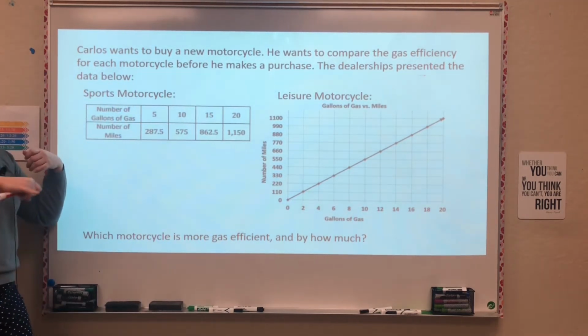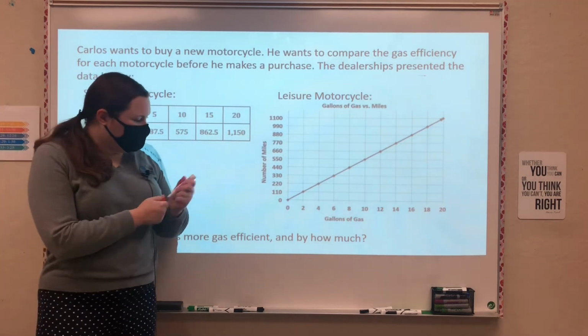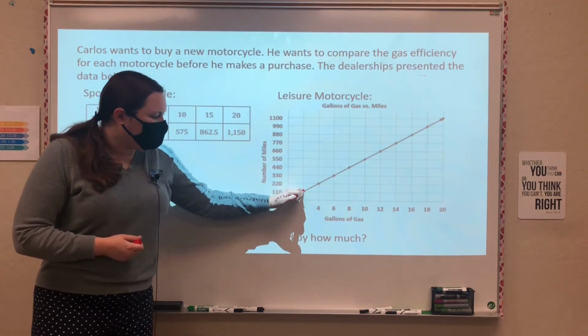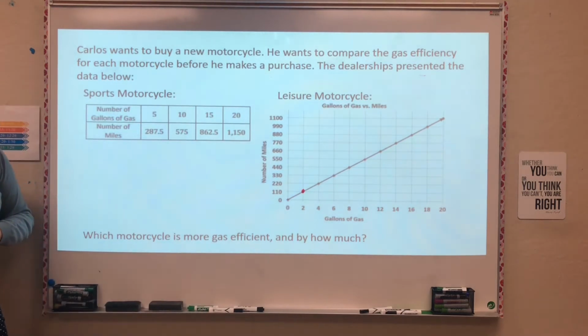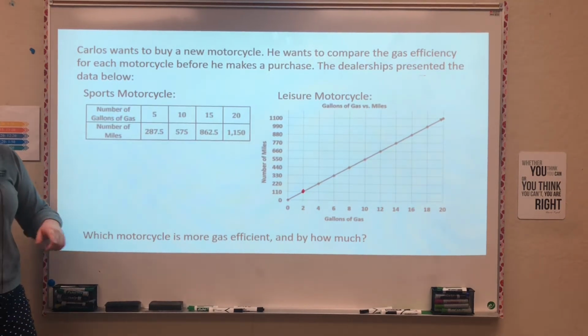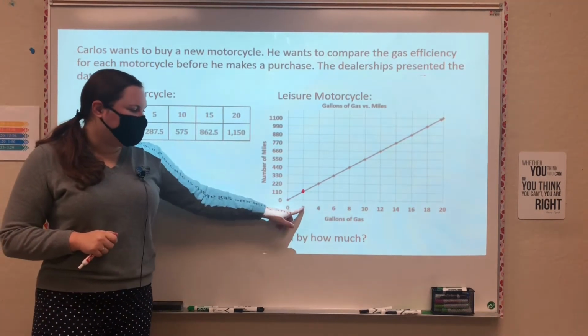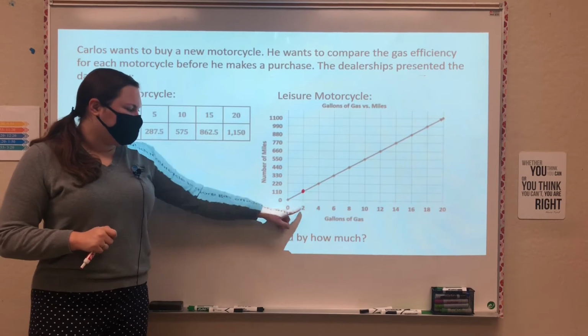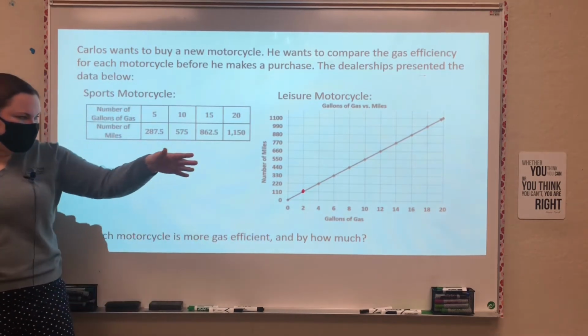I heard you say you saw some points. Let's look at the points. So we've got a point right here. What is this point telling you? It's telling you 2 gallons of gas and 110 miles. So 2 gallons of gas will get you 110 miles.